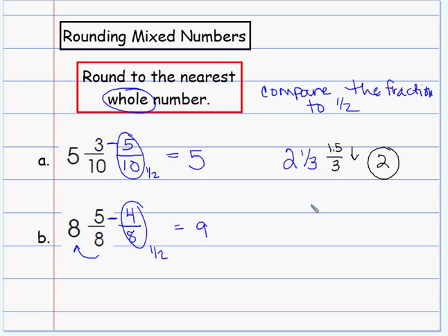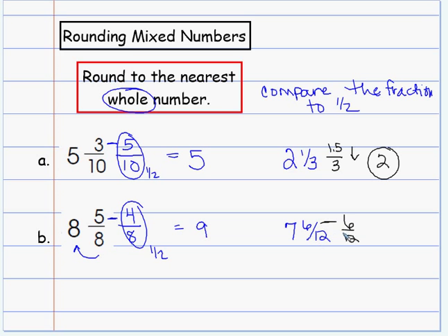What about if we had the number 7 and 6/12? Okay, so write the denominator, and then what is half of 12? It's 6. Okay, so compare your numerators. Are they the same?